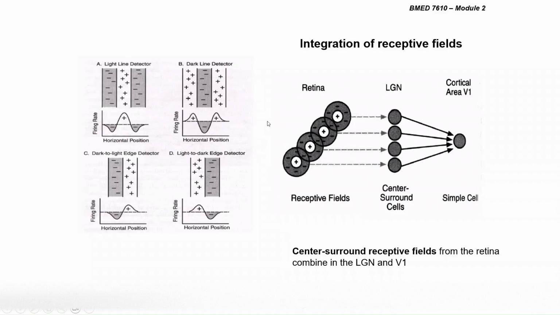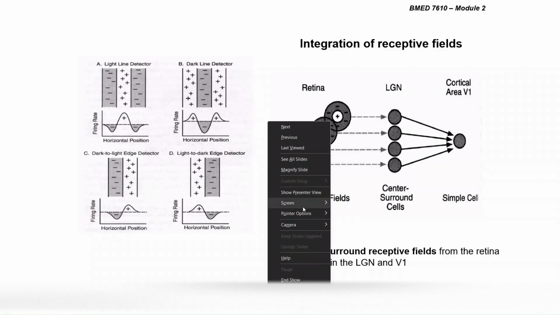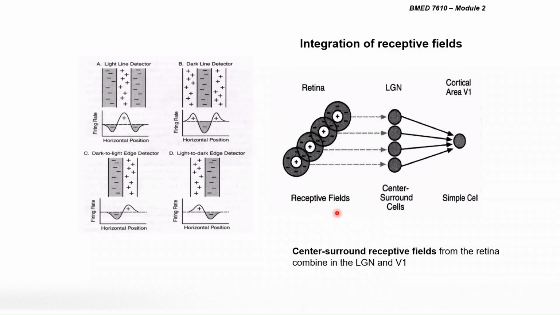So if the light is presented this way, it hits all of this retina and activates it, so all of these LGN cells are activated and sending strong signals, and hence we get a stronger signal reading from the electrode.